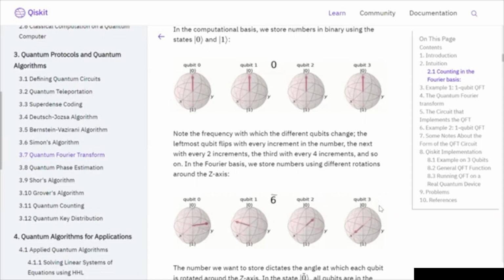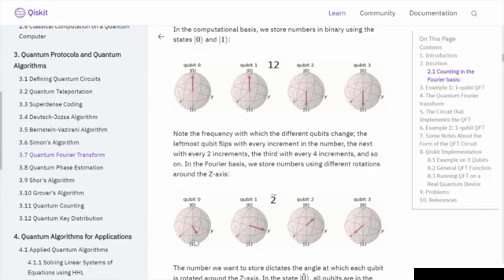So here you can see that qubit 0 goes from plus state to minus state. This is exactly the plus state which I told you about earlier. The x-axis represents that. But the other qubits do not flip from plus to minus. They are basically rotating in between.